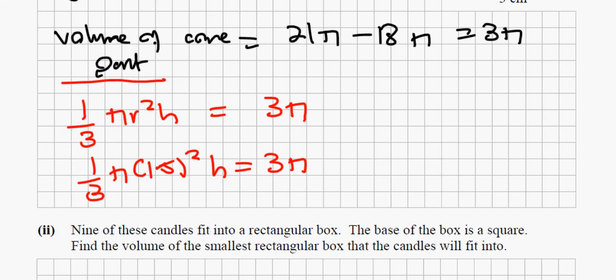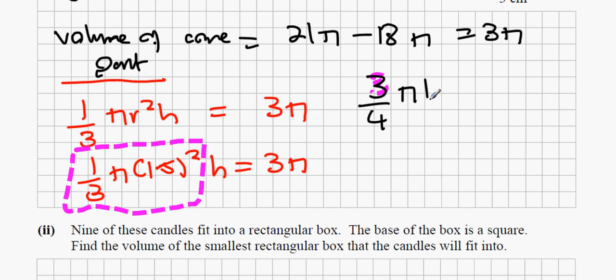Put all of this part directly into the calculator. So you're going to get 1/3 multiplied by pi multiplied by 1.5 squared, and you're going to get 3/4 pi.